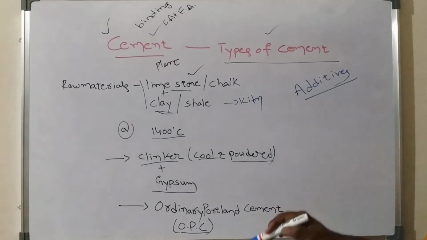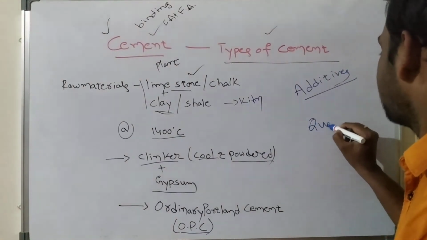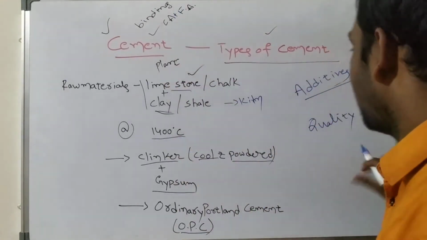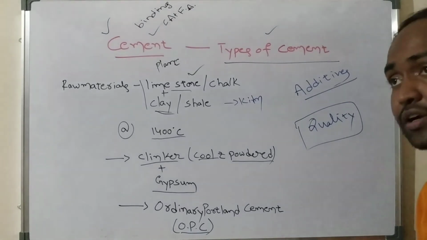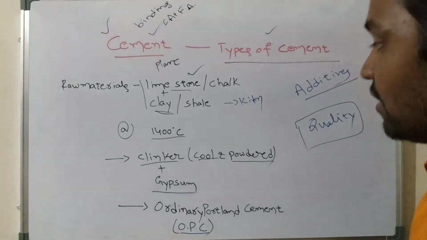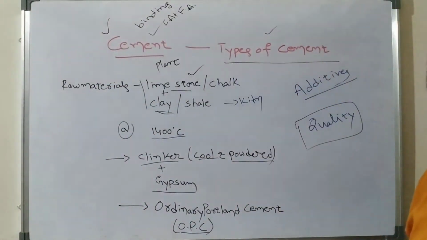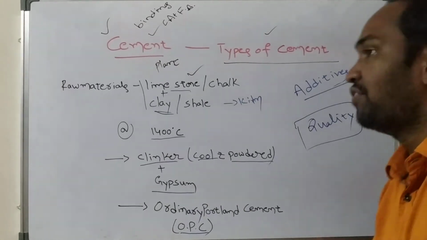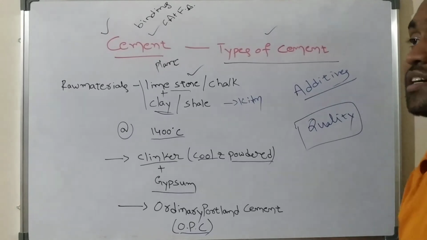But at the end, after manufacturing the cement, the required quality should be attained. It means the product from the industry should attain a certain required quality. Understand or no? So to give the required quality of a product, here product means cement, to the cement manufacturer, we add some additives. Those additives are called process additives.